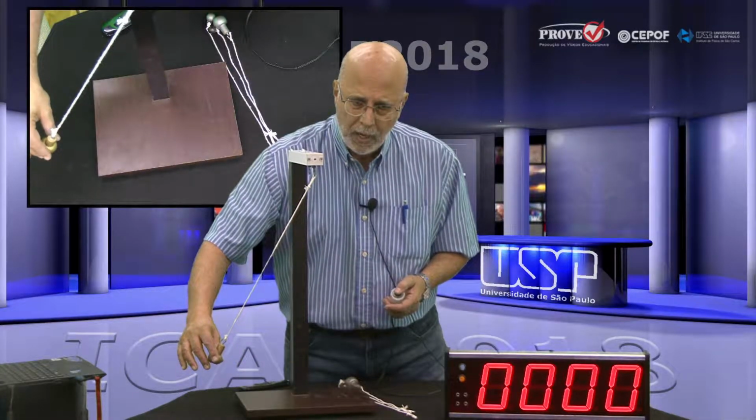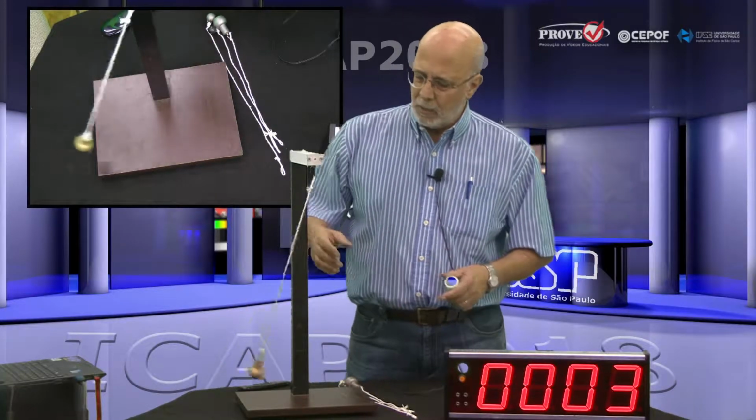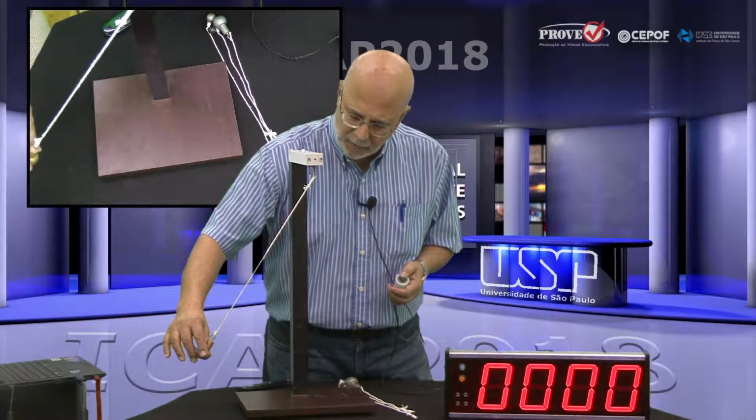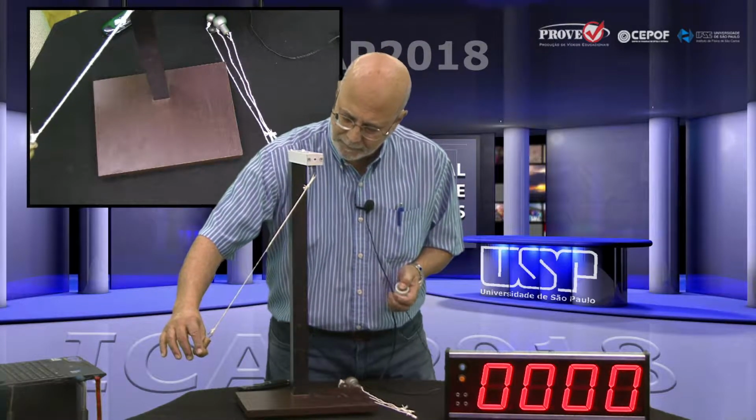Okay, so I'm going to release the clock and measure how long it will take, because it's hard to measure one, I'm going to measure a few. So I'm going to start the clock and release the pendulum at the same time.